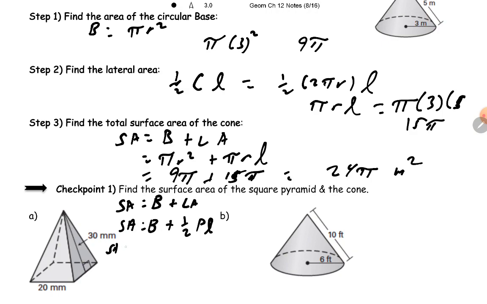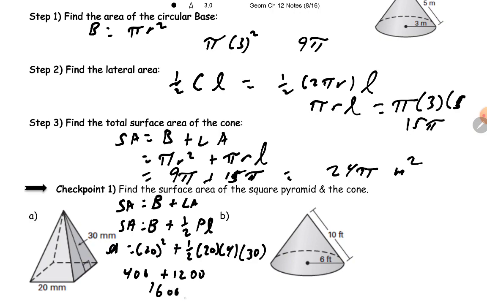So surface area of the base is just 20 times 20, or 20 squared, plus 1/2 the perimeter, 20 times 4, times slant height, which is 30. So I have 400 plus 1200 is 1600 square millimeters.